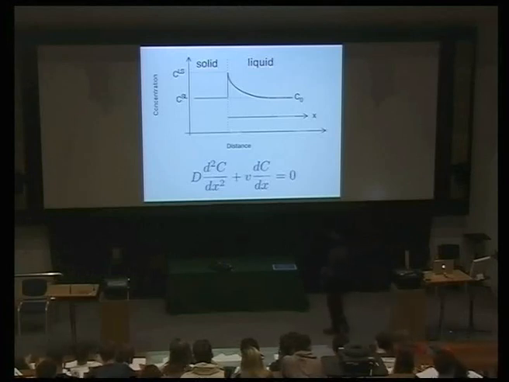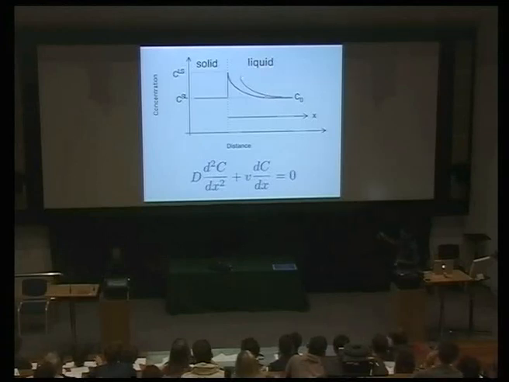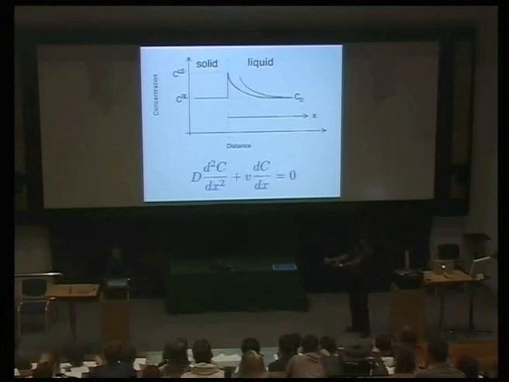Now, we've got to derive an equation describing this scenario. There are two terms in this equation, and I'll illustrate those terms to you. You can see that as this solid phase grows, and I've got to this point, first of all, I've displaced the whole of this concentration profile with a velocity v. So at any point over here, there is a change in concentration simply because the whole of that concentration profile is being displaced.